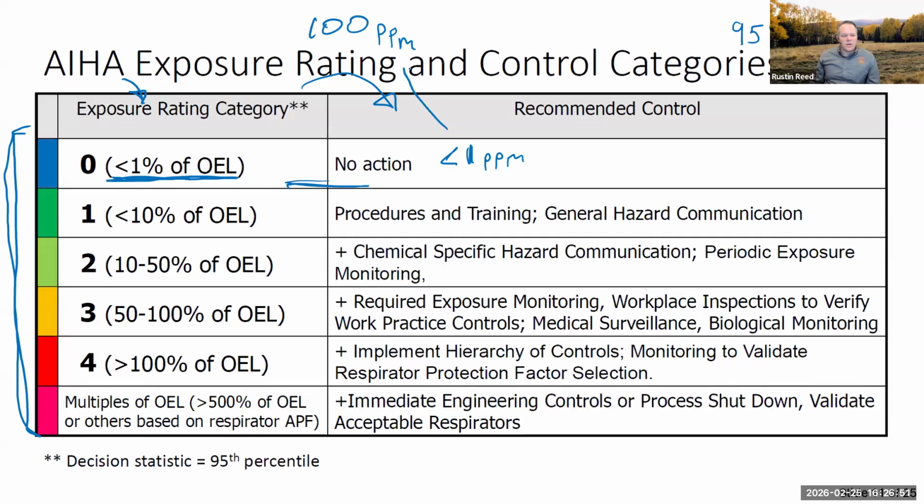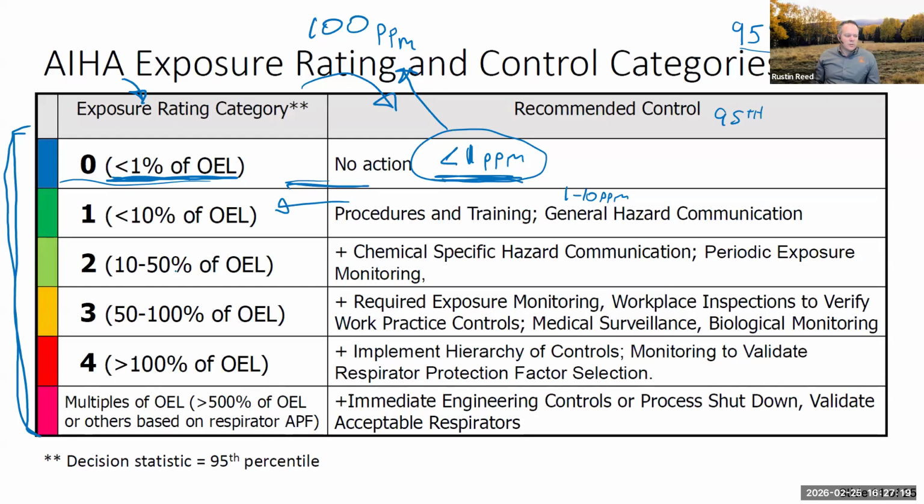So again, that's if my OEL is there and my estimated, when I say 95% UTL, I've estimated the 95th percentile for my exposure group. If I'm at 1 part per million, then I'm in this category, which is a nice one to be in. If I'm somewhere between 1 and 10 parts per million, I'm going to be in this one, and so on.